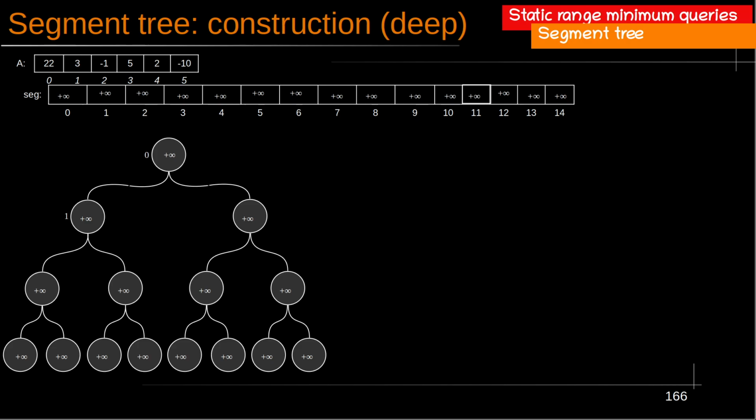and the segment tree contains, as we have seen, 15 elements from 0 to 14, and each node represents a range. The root represents the range from 0 to 5 on the original array, and we keep dividing until reaching a leaf. As you see, we keep dividing here.